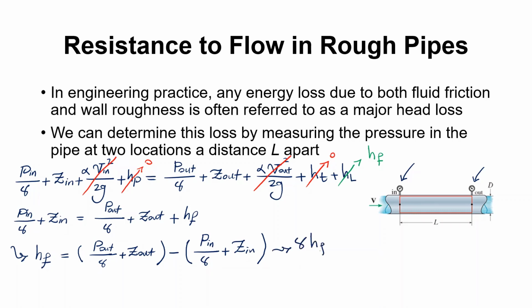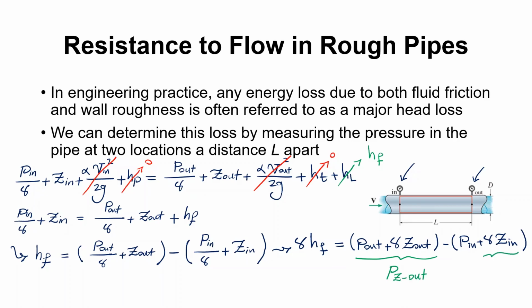gamma HF is equal to P out plus gamma Z out minus P in plus gamma Z in. Okay, so this term now is piezometric pressure for the outlet section, and this term is piezometric pressure for inlet section, right?